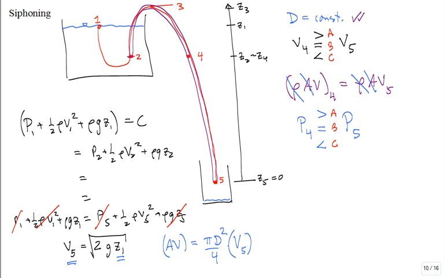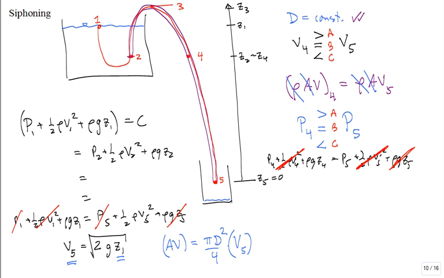Now, when you think about pressure, I need to not do it by mass balance. That was how I answered the question on velocity, but I need to really think about energy. So I would use Bernoulli's equation just between 4 and 5: the pressure at 4 plus 1/2 rho V4 squared plus rho g Z4 is equal to the pressure at 5 plus 1/2 rho V5 squared plus rho g Z5. Now, for rho g Z5, we set the reference to 0. We said the speeds are the same, so the kinetic energy contribution is the same and they cancel.